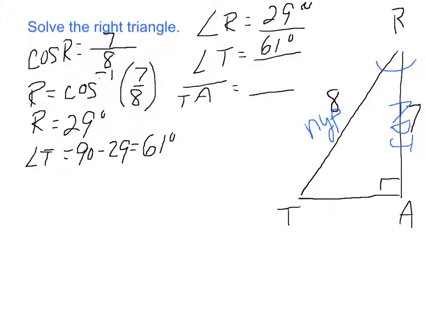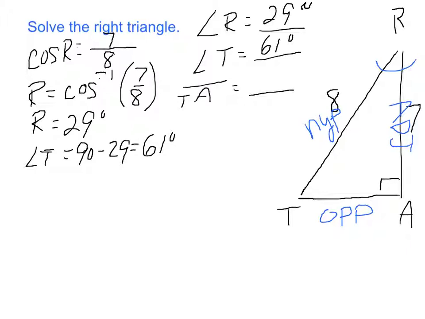Now to find TA, you can use trig again if you want. If you do, you have to use the fact that TA, if we use R as our reference angle, would be the opposite side. And I could use either the hypotenuse or the adjacent side along with TA.